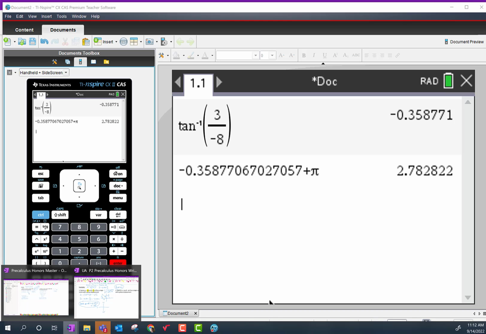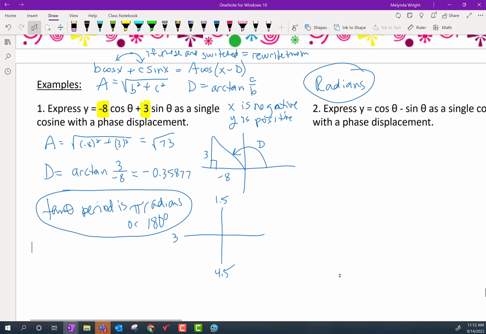Isn't that weird that I call it a paper? I'm so old. So I take the negative 0.35877, add pi to it, and I get 2.7828. Now we need to ask ourselves, is that angle measure in the second quadrant?